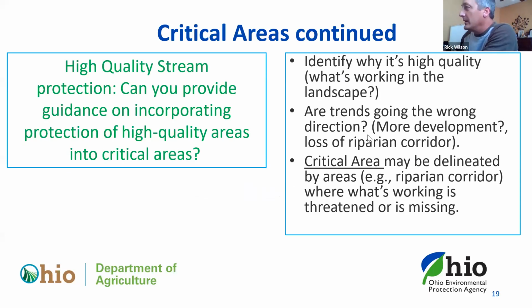Is there more development, a loss of riparian corridor? I'll throw in, are there eroded banks that are occurring or developing? So you could develop in a high quality stream area, the riparian corridor, where what's working is threatened or is missing. So again, that way you're saying, yes, this is high quality, but this spot is bad.